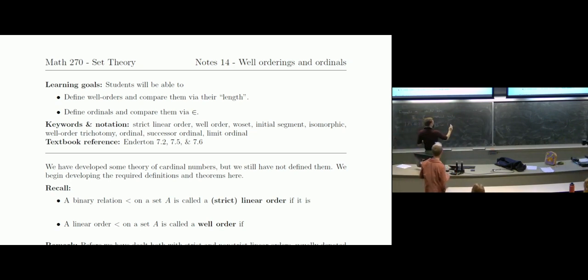And more simply, is there a size in between that of the reals and the naturals? So the claim that there's nothing in between these two, that the size of the naturals is the smallest infinity, then the size of the reals is the next infinity. That claim is called the continuum hypothesis.